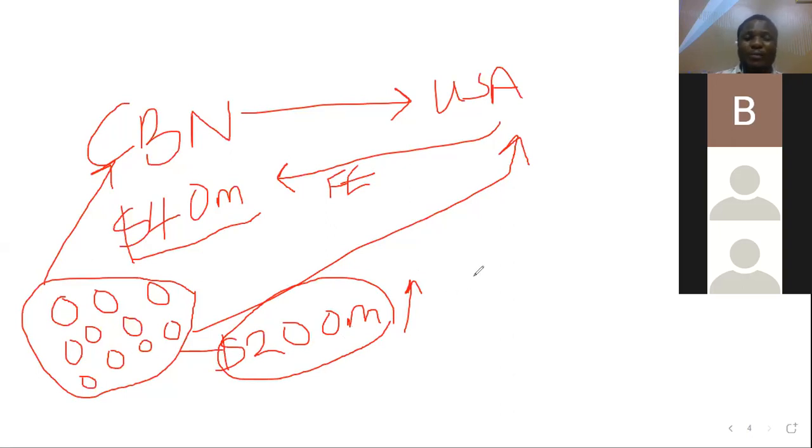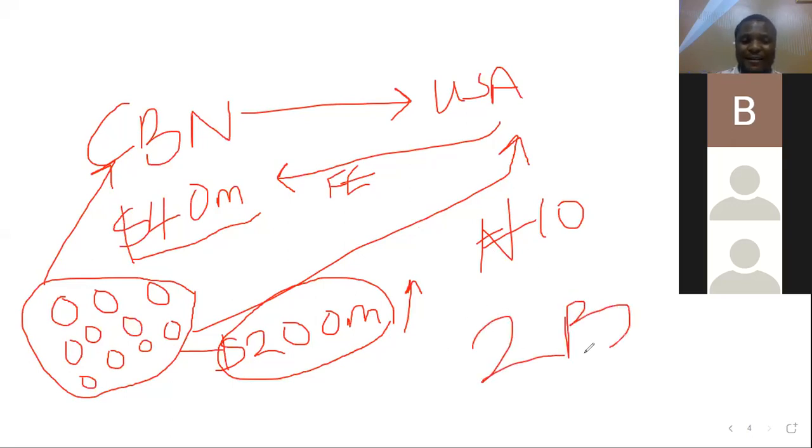Because if Cubana wanted to import goods before, and the exchange rate is, say, 10 Naira to $1, that means Cubana and the family, everybody, need 200 million times 10, which is 2 billion Naira.